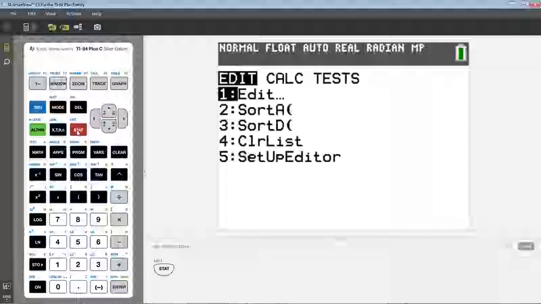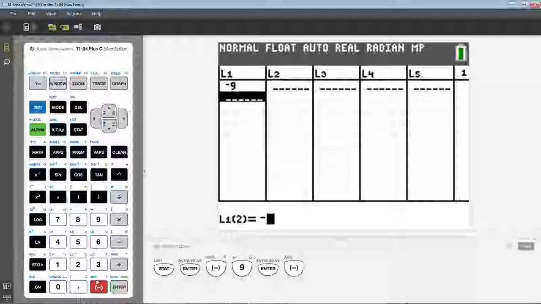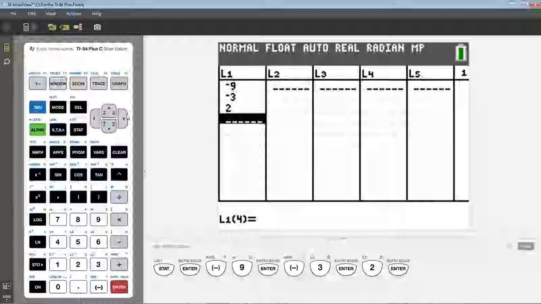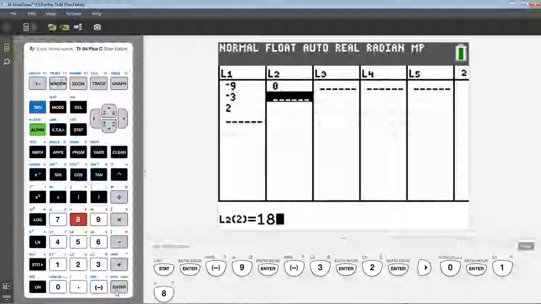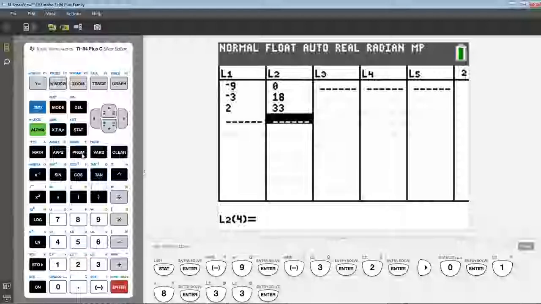Remember, we're going to now click stat, edit. And then for L1, remember we're doing the J of X values. I have -9 for X, -3 for X, and 2 for X. In the Y column, L2, I have 0, 18, and 33. Now, we're going to find the linreg for this.